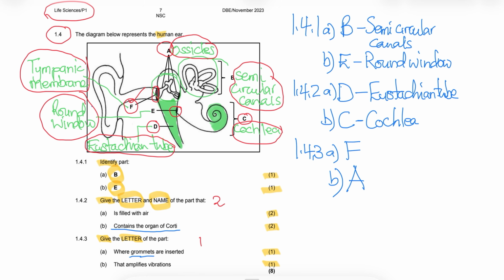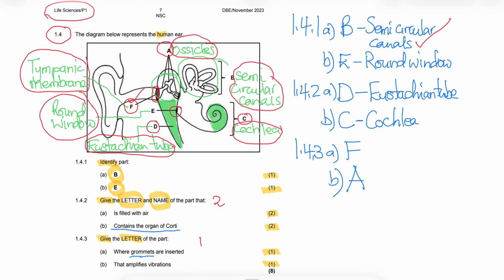Question 1.4.1, part A was asking for part B on the diagram, and part B is representing the semicircular canals. So our tick would be on the semicircular canals.